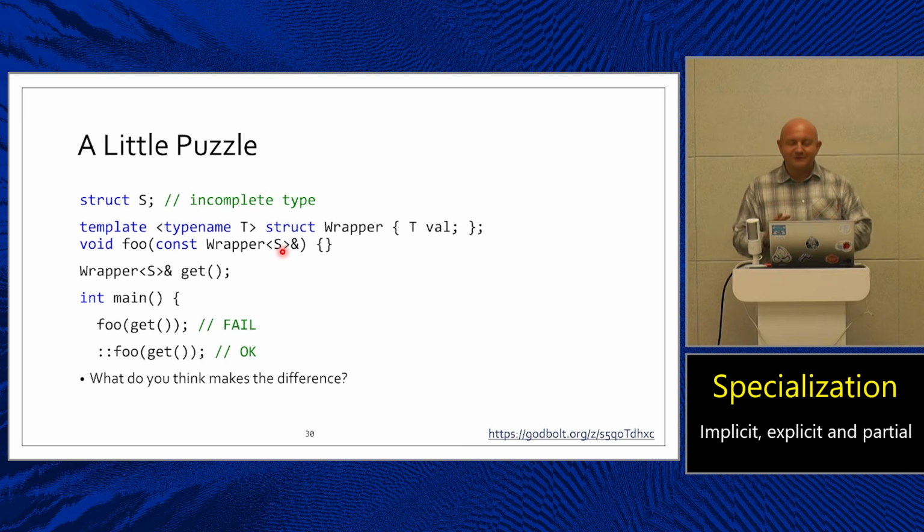You can have references to incomplete types, but we also have a function get that returns a reference to wrapper of S, which is also perfectly fine. And now the puzzle. This fails to compile because S is incomplete. And this compiles okay. What do you think makes the difference?